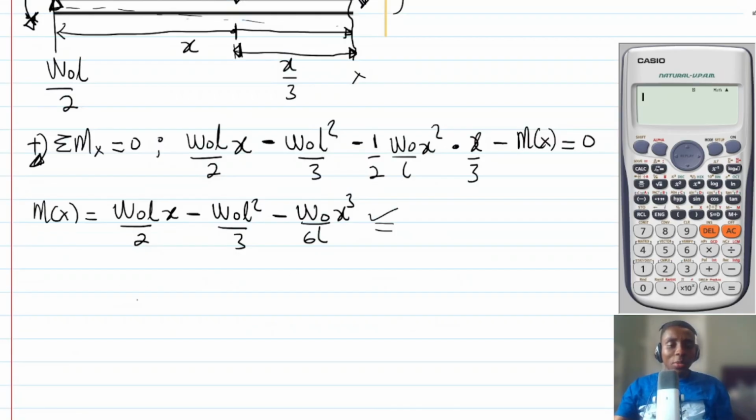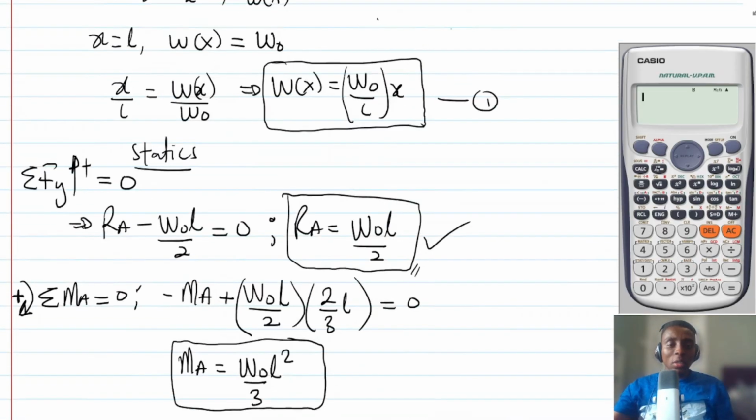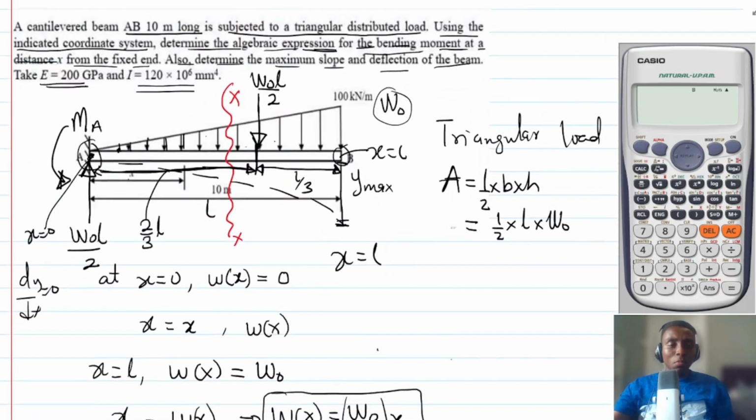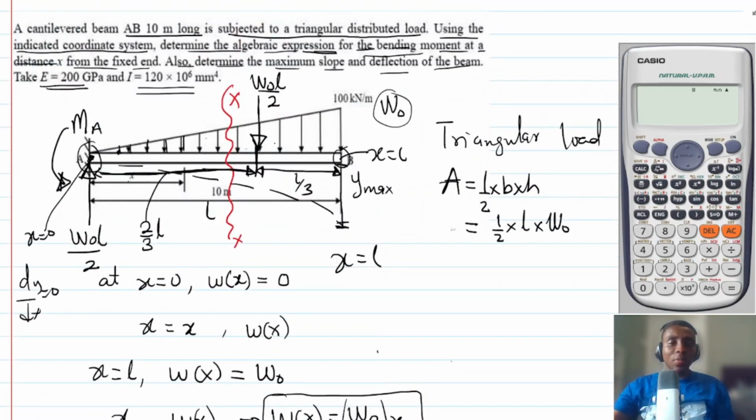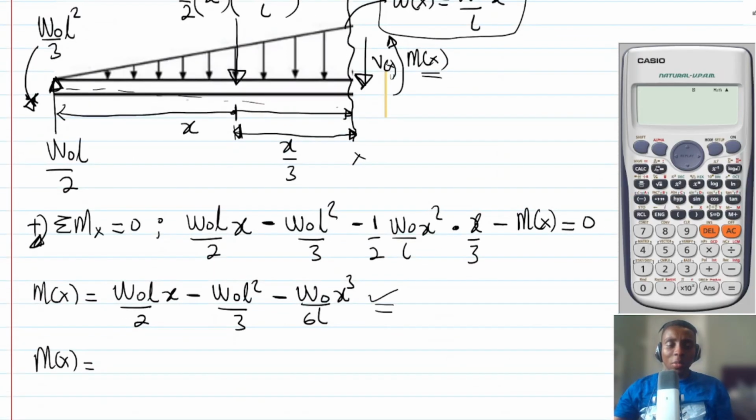Now that we have the moment as a function of x, let's put everything together. Looking at the question, W naught was given as 100 kilonewton per meter. So we can see 100 times 10 to the power 3, all divided by 2.